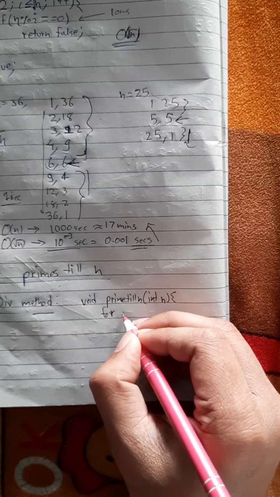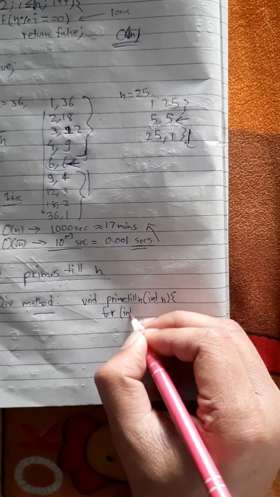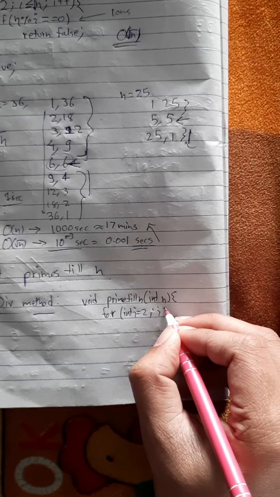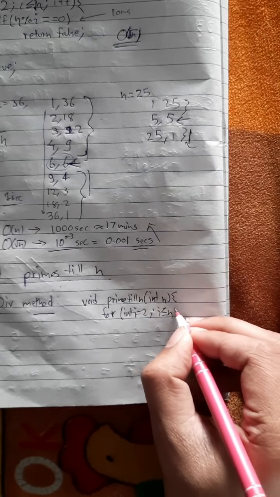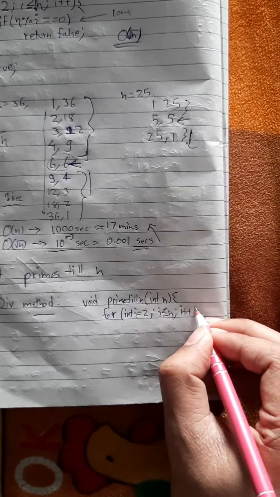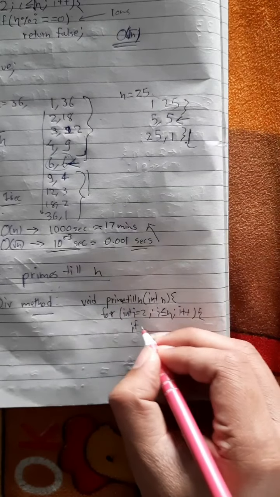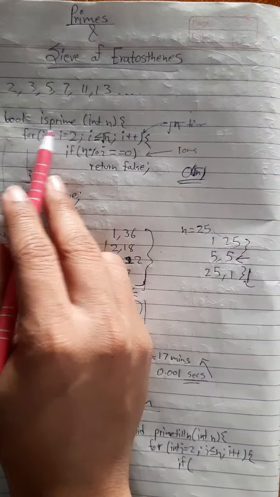For int i equals 2, i less than or equal to n, i plus plus, and inside this for loop, we have created the isPrime function here itself.